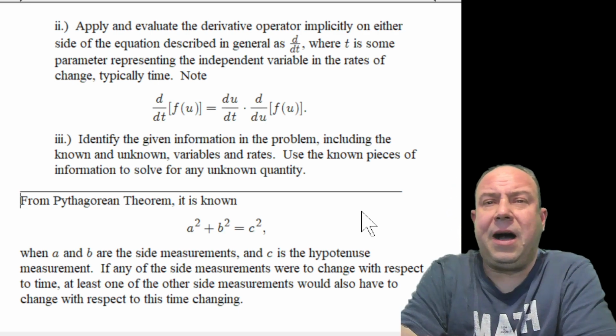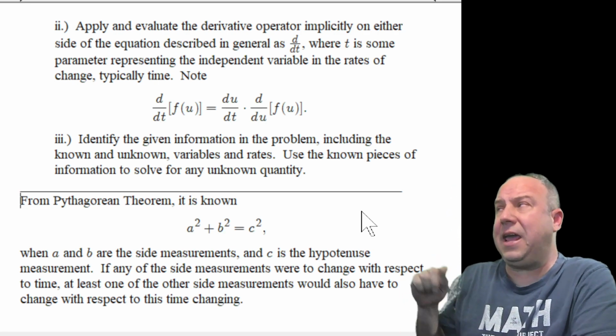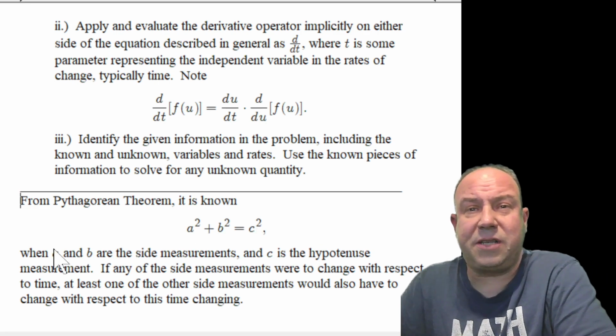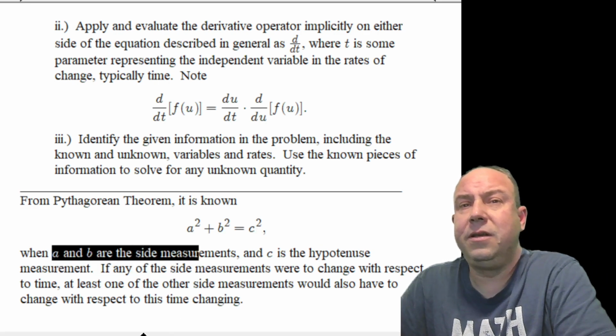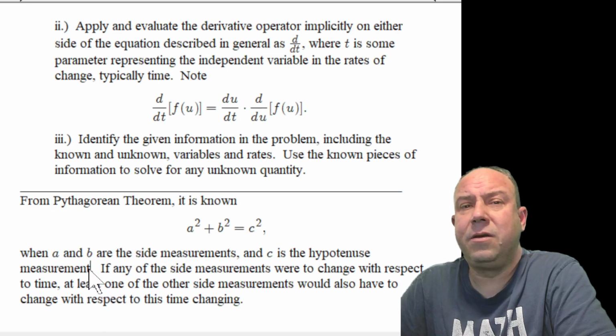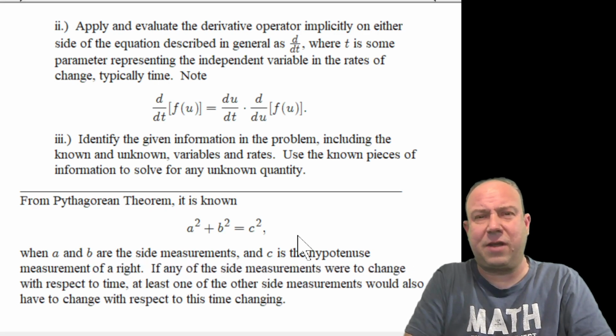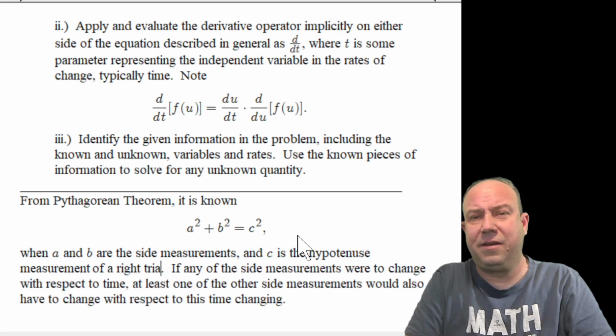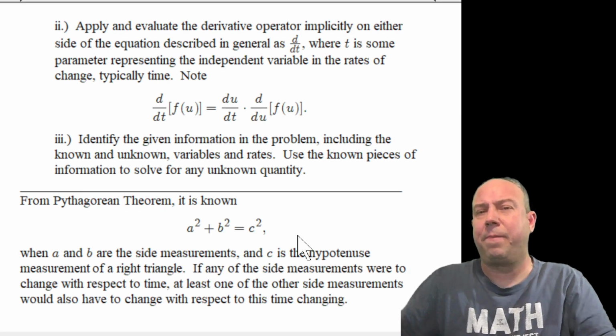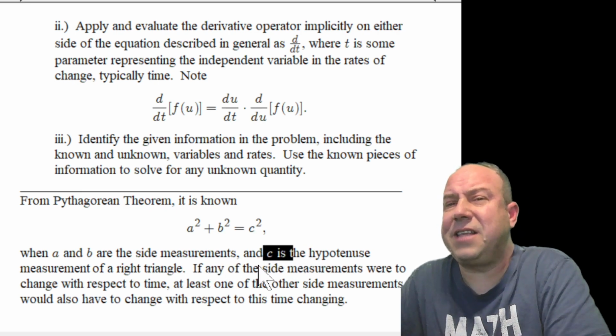Right? If A and B are the side measurements of a right triangle, right, and I should say that here probably, I was just noticing I don't have this, of a right triangle, right? And C is the hypotenuse measure.